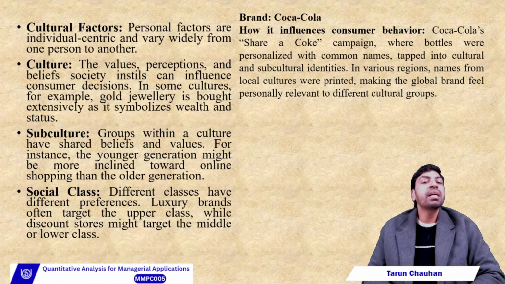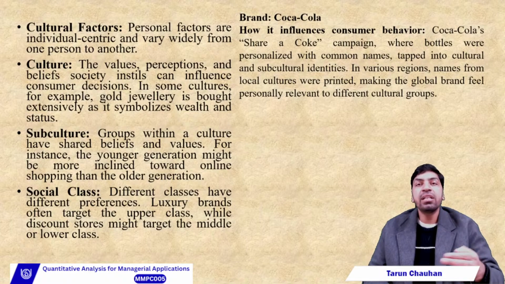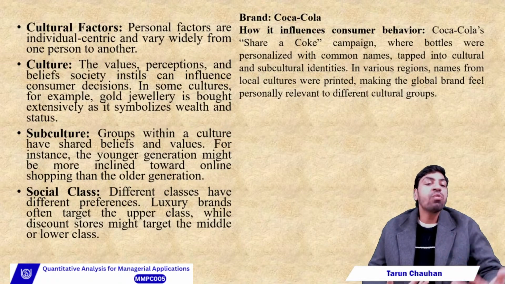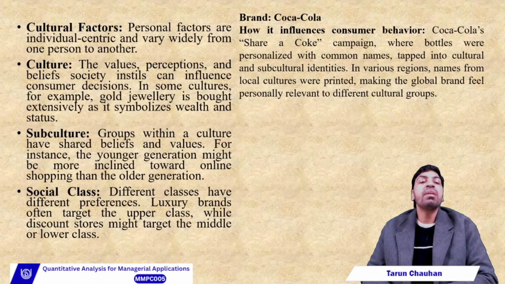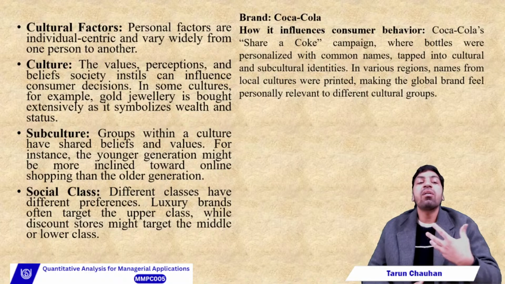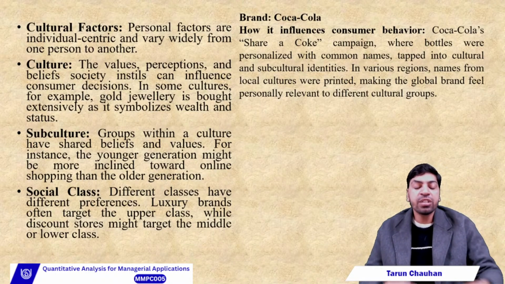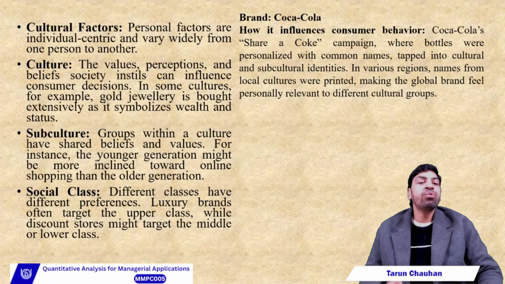Next one is subculture, the groups within the culture who share their beliefs, their values, and of course the younger generation which follows it. For example, the younger generation might be more inclined towards online shopping than the older generation. The older generation visits the shop to do their shopping.